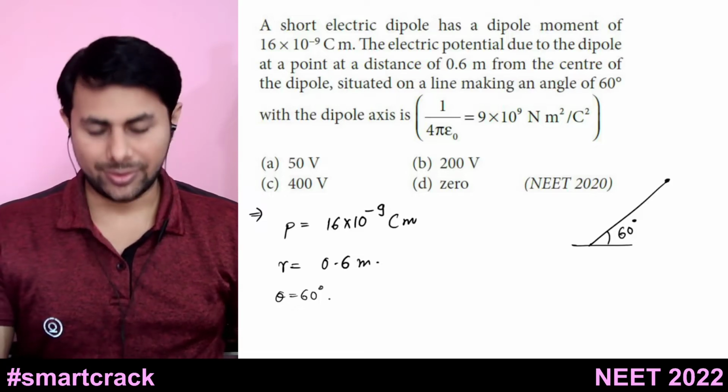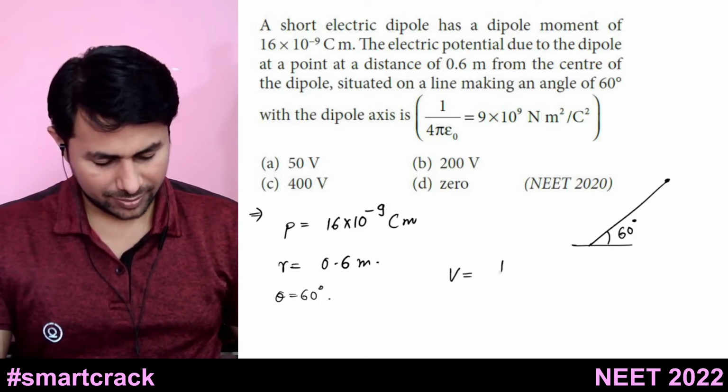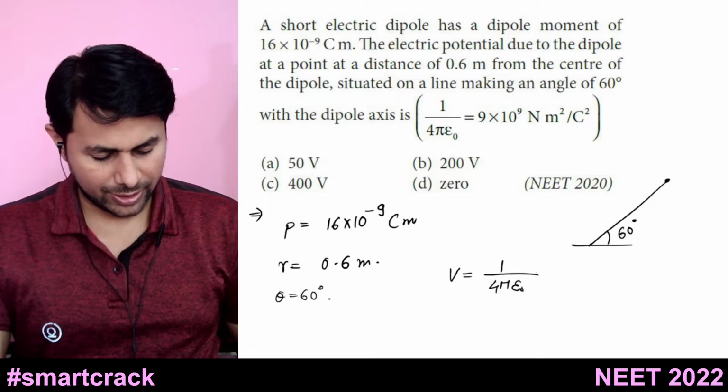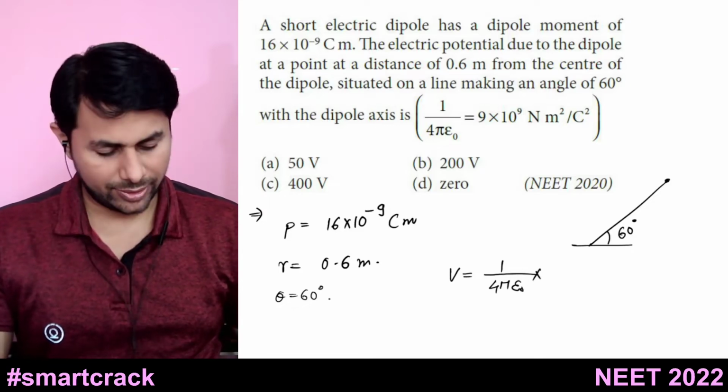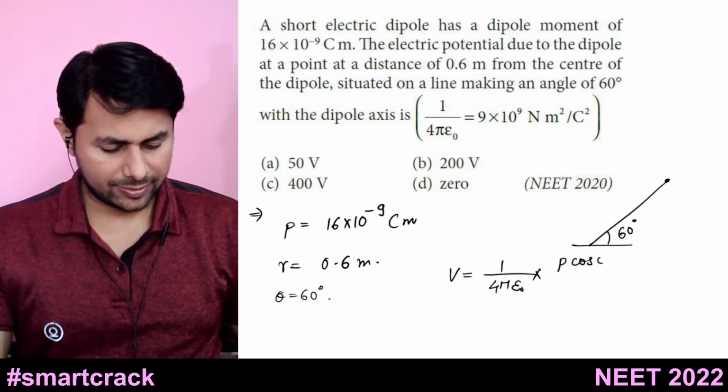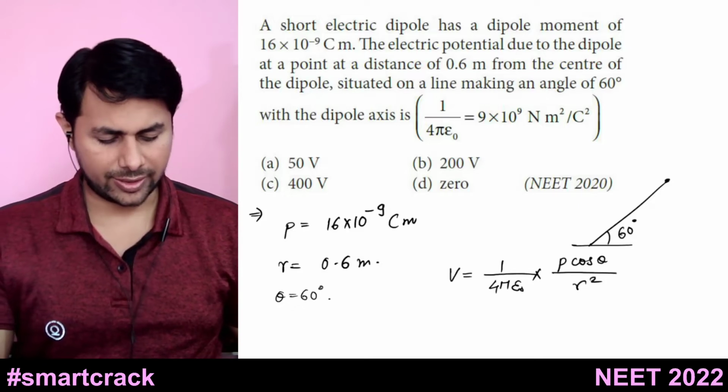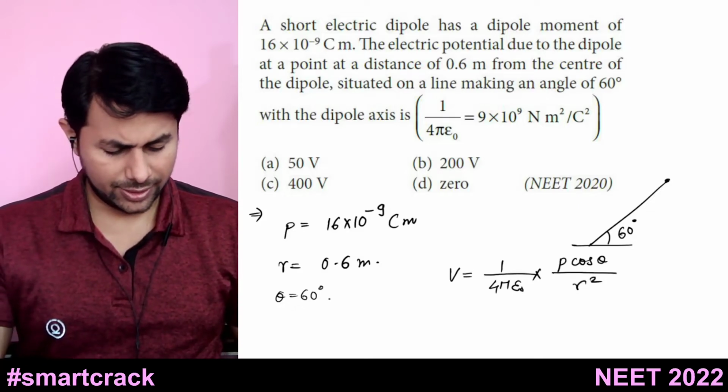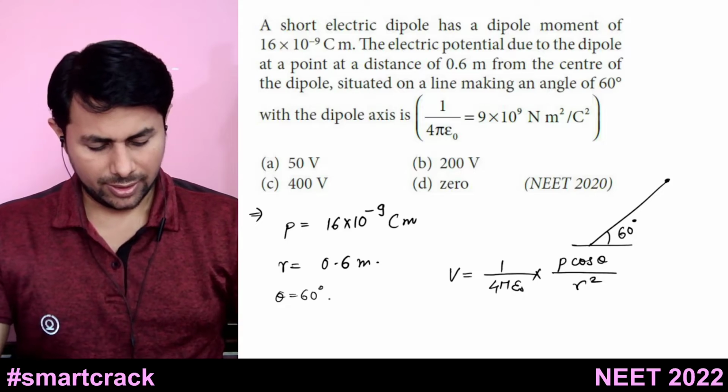We also know the formula for the electric potential due to a dipole. It's 1 over 4 pi epsilon naught into P cos theta over R square, right? So let's substitute values.